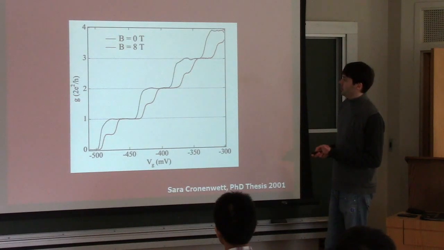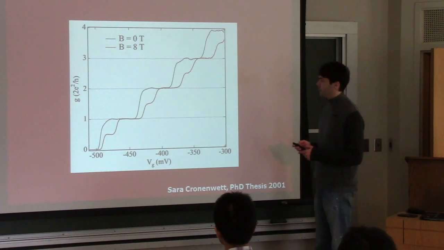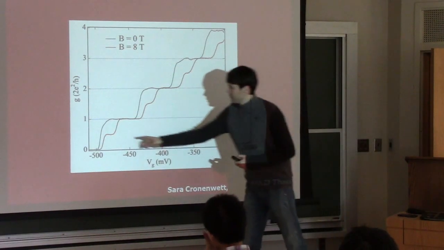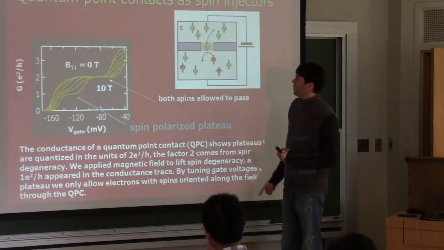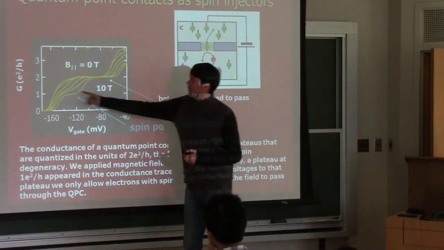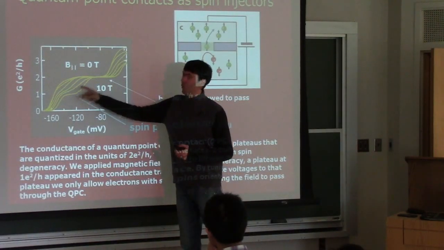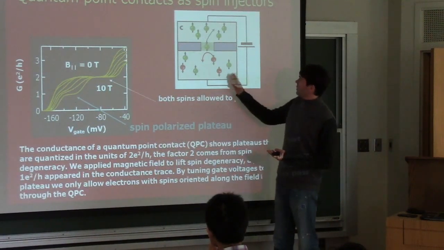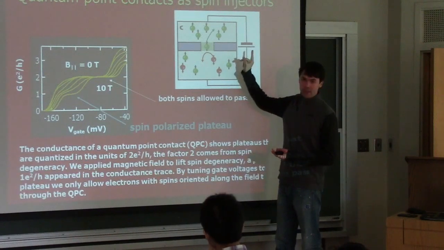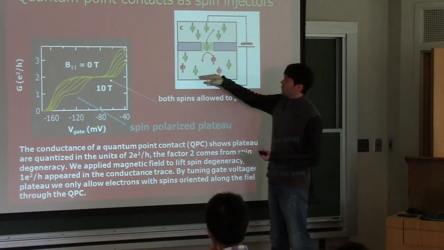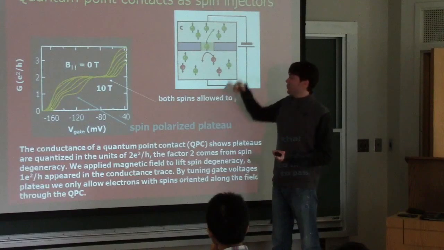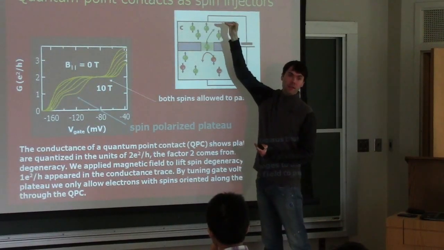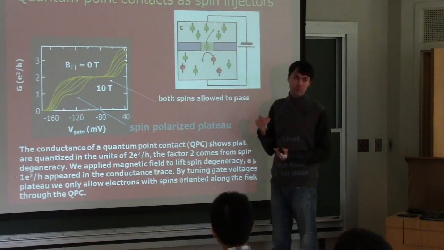And what I want to tell you is that it is very interesting to think about just living at this one plateau, because when you are at this plateau, what happens to the other electrons? Well, if you are the up electron and the field is up, you can travel through the subband, but if you're a down electron, your subband is at a higher energy, so you are not allowed to go through.